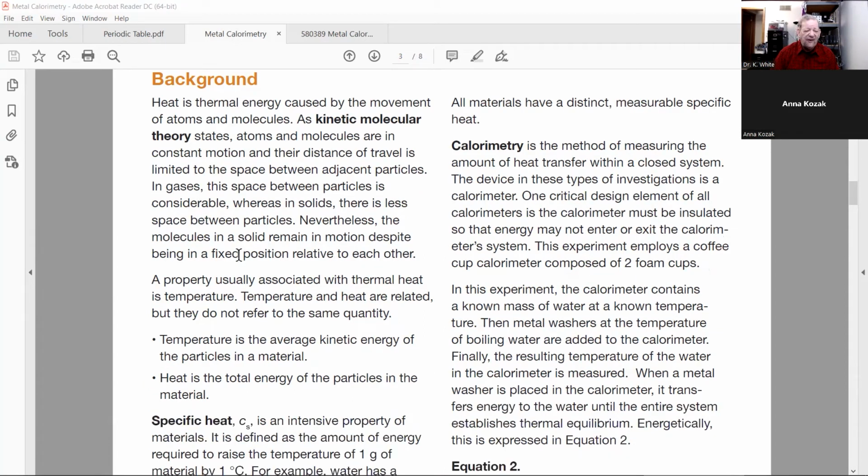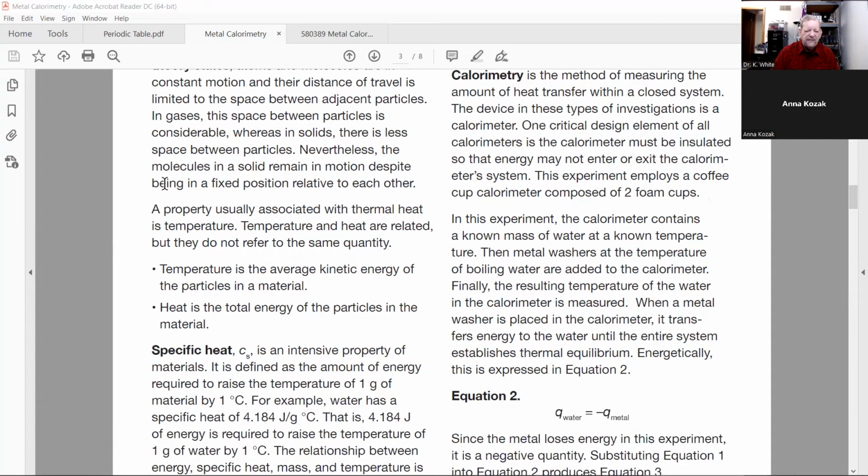Well, turns out when we talk about this, there's something called the kinetic molecular theory. And atoms and molecules are always moving. In gases, there's a lot more space. In solids, they're pretty much stuck, moving very close together.